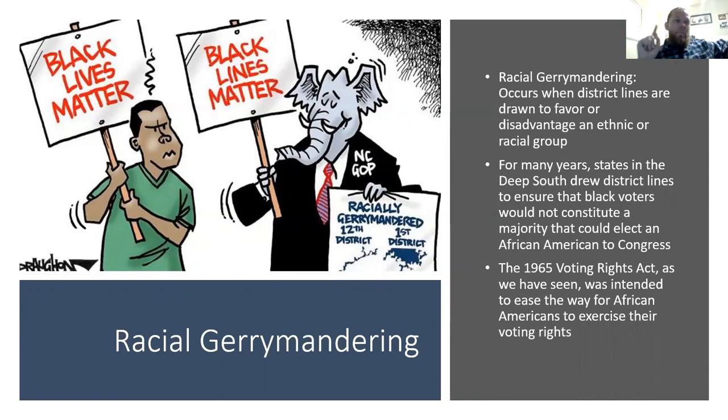However, it has happened most predominantly in the South throughout history, and it happened more predominantly prior to the 1965 Voting Rights Act, which I have here. That act was intended to ease the way for African Americans to exercise greater voting rights by spreading them out among districts.